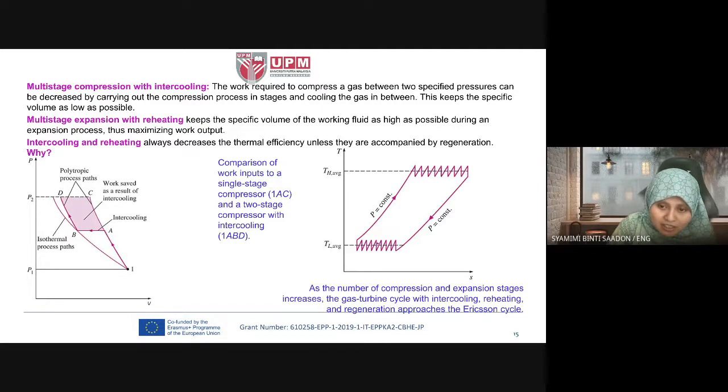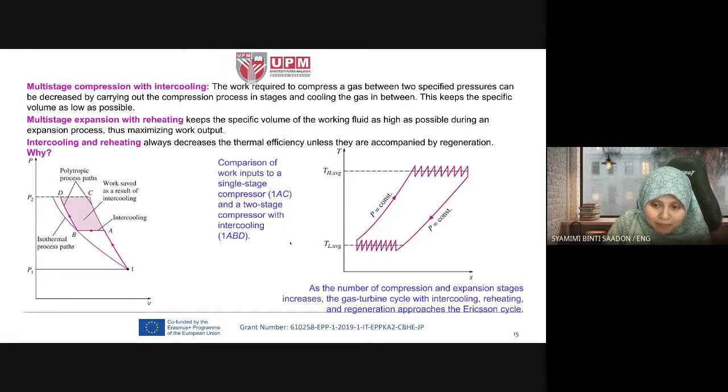Remember the Ericsson cycle just now, the regeneration process occurs at constant pressure. So if we do the multi-stage compression or multi-stage expansion, the processes in the expansion and compression tend to be at constant temperature and pressure here.